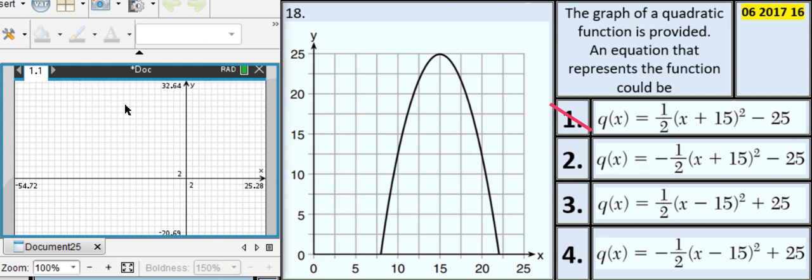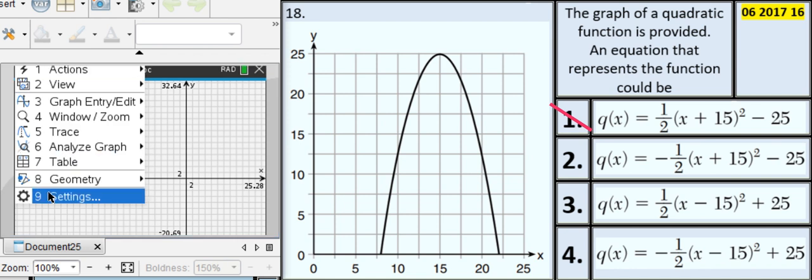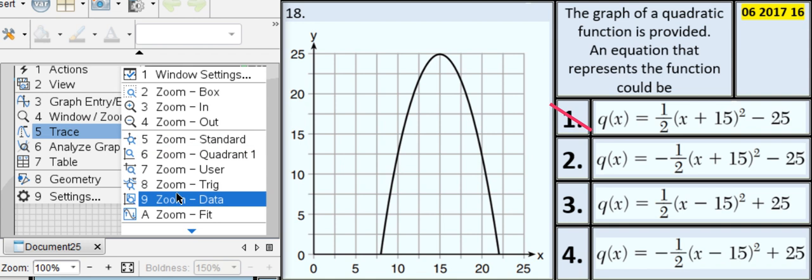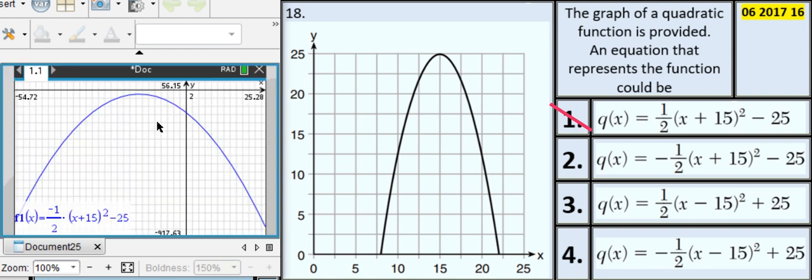When I press enter, I still have to move around a little bit, right? I get a graph, but my vertex is below the x-axis. So at least it's shaped the right way, so I know I'm getting closer.